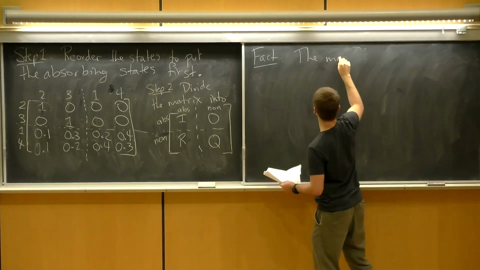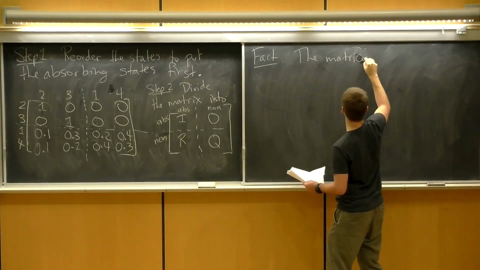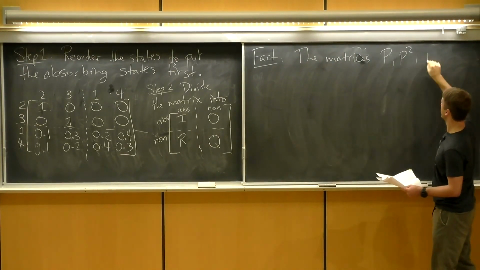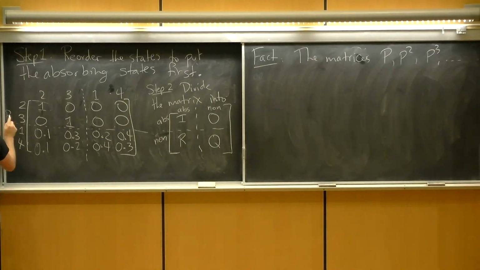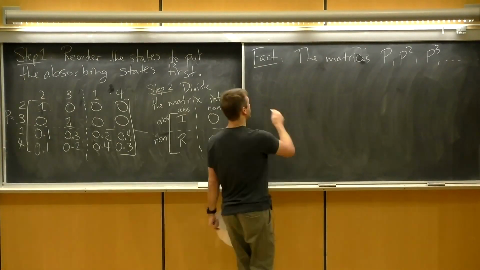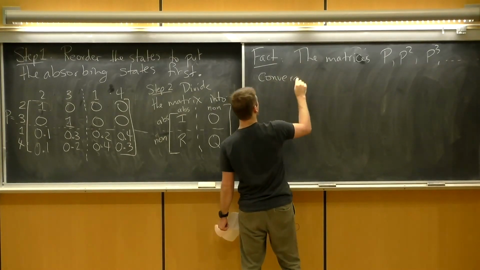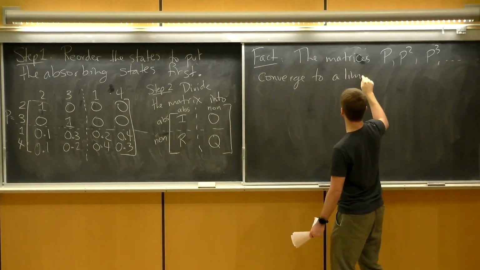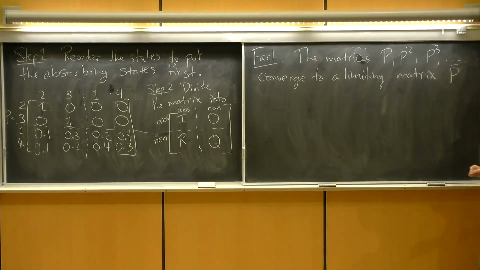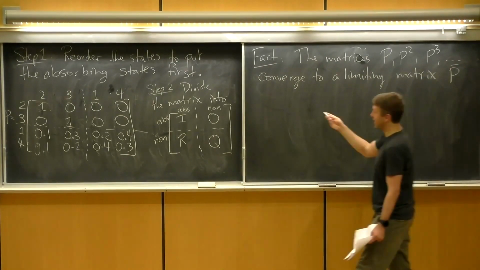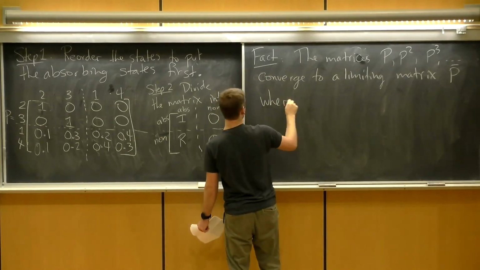If I take the matrices P, and then P squared, then P cubed, and so on, where I'm thinking of P as being the reorganized matrix, not the original matrix, they converge to a limiting matrix P bar, just like for regular matrices, but it's going to look different than the one with regular matrices. So it's a bit more complicated.